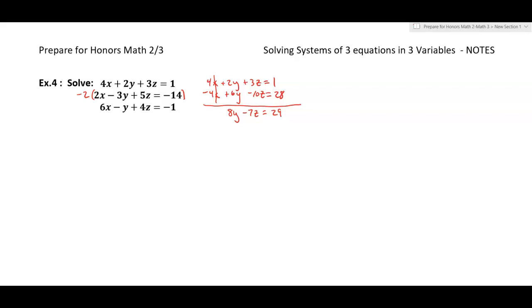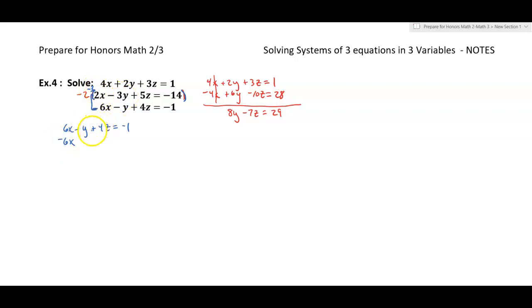Now next, I have to use this equation, and I'm going to use that equation and the middle equation. So I'm going to keep the bottom equation the same: 6x minus y plus 4z equals negative 1. But now I'm going to multiply this top equation. I need to turn that 2x into a negative 6x, so I'm going to multiply everything by negative 3. That would give me negative 6x.